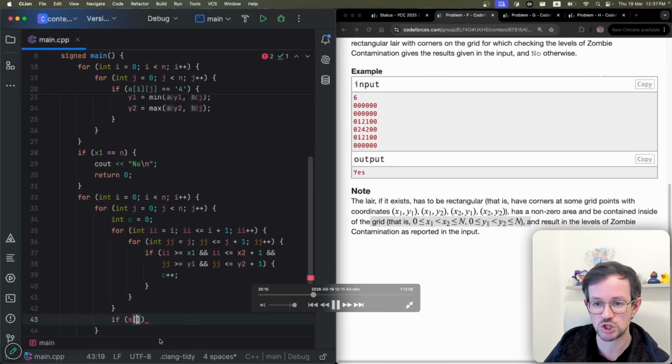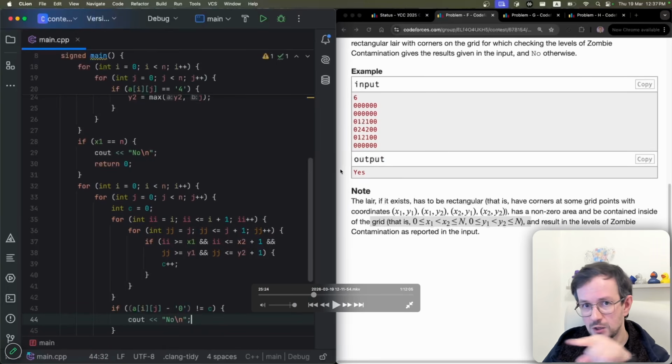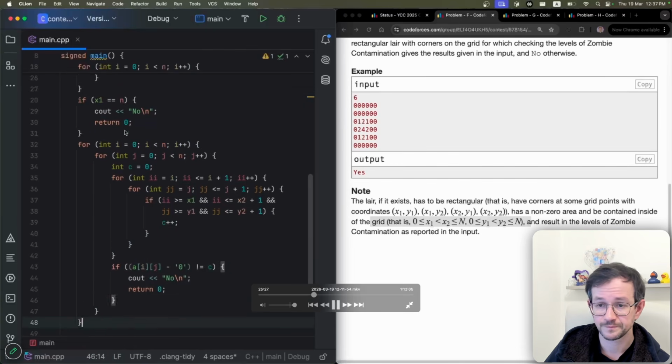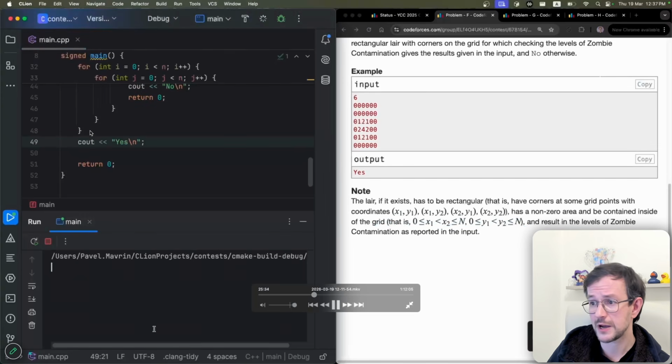And then I just check if I have the correct number. So basically, I find this rectangle of fours and then check if the picture produced by this rectangle is equal to what we have in the input. Many ways to do it. I did it like this.